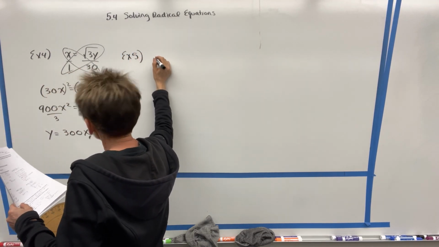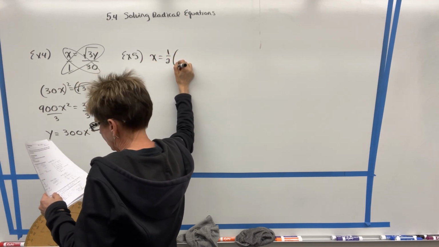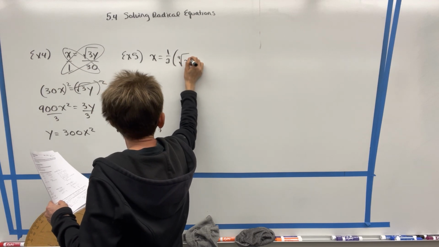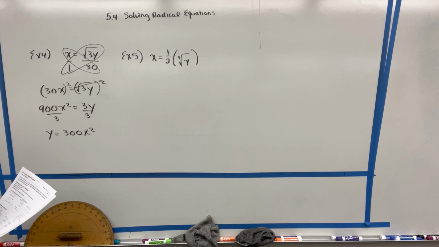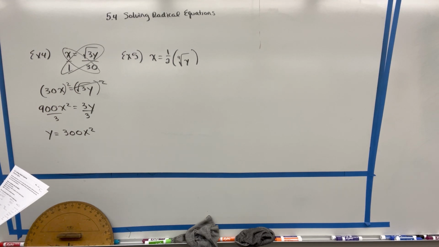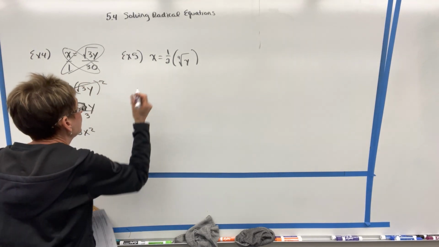Now, for example number 5, I have x equals 1/2 times the 4th root of y. In this particular example, if I want to isolate y, I would multiply by 2 first on both sides. The reason is that I want to isolate the radical that I have.